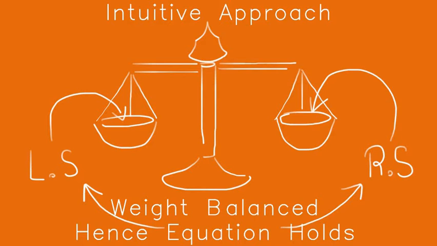The containers are the sides, and the portion in the middle that holds the thing together we can call the equality sign.